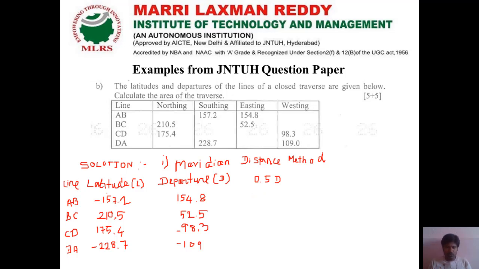So 0.5 into 154.8 is 77.4. The next value, 52.5 into 0.5, is 26.25.